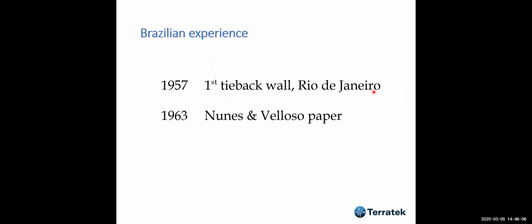Professor Nunes and Veloso published a paper in 1963 about the analysis, what kind of analysis they have done. And later on, in 1967, after very severe rainfall and lots of casualties that took place in Rio, Rio founded Geo Rio, which is a city hall organization to look after slopes and to reduce risk.